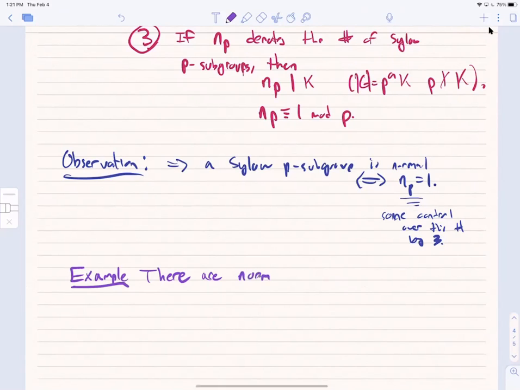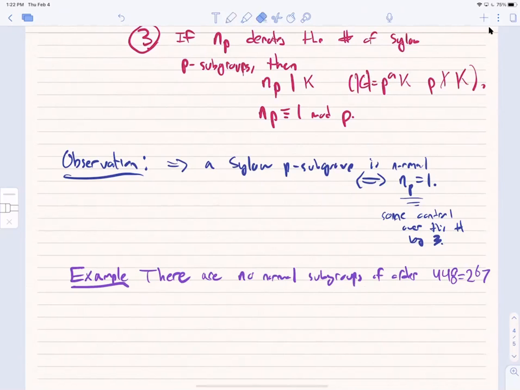There are no normal subgroups of order 448, which is 2 to the 6 times 7. Let's look at n_2, the number of Sylow 2-subgroups. These are subgroups of order 2 to the 6.